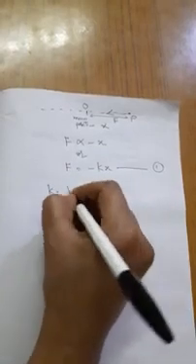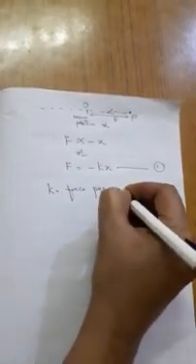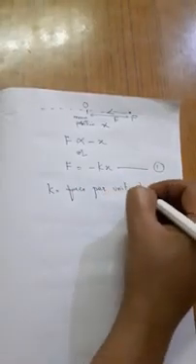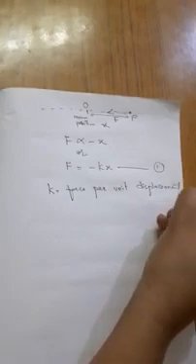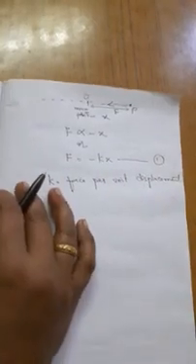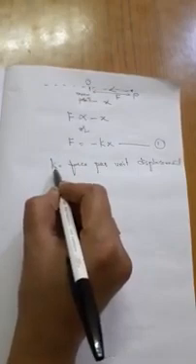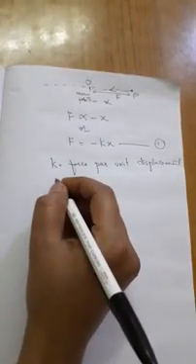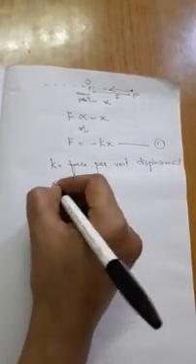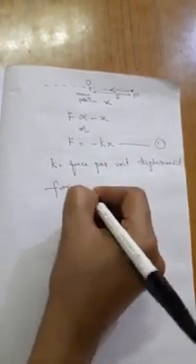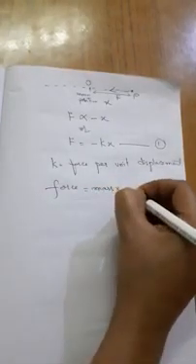Here k is the proportionality constant which represents the force per unit displacement. Now, according to Newton's second law of motion, force is equal to mass into acceleration.